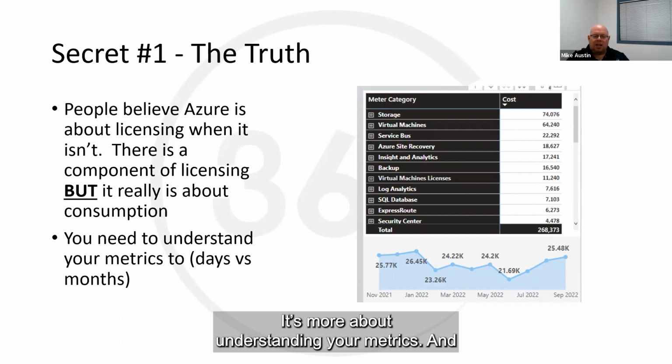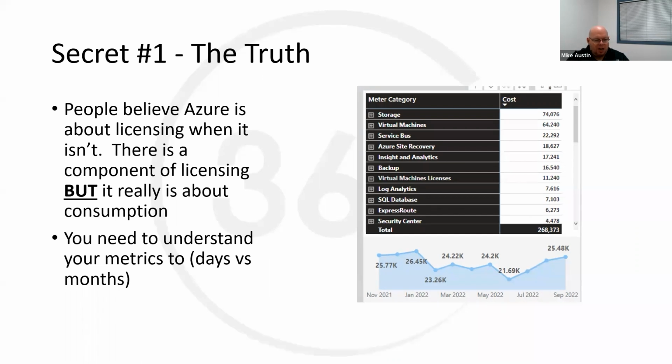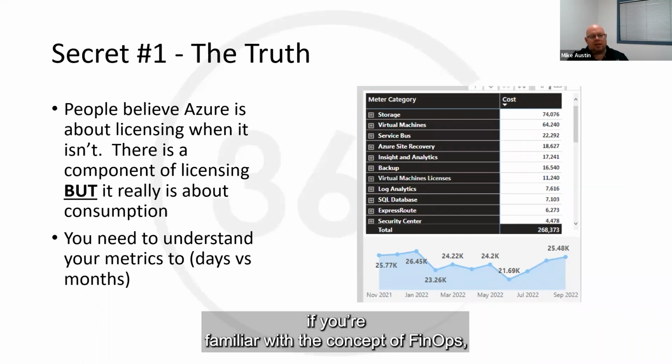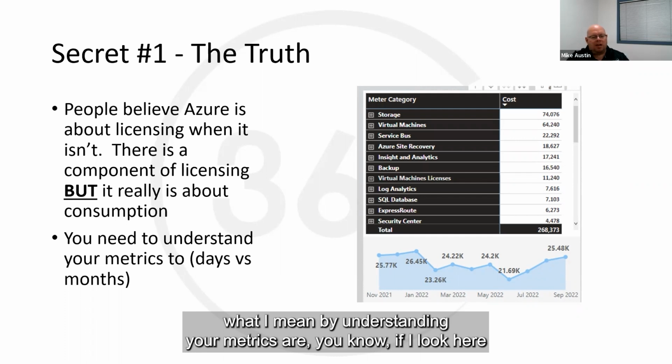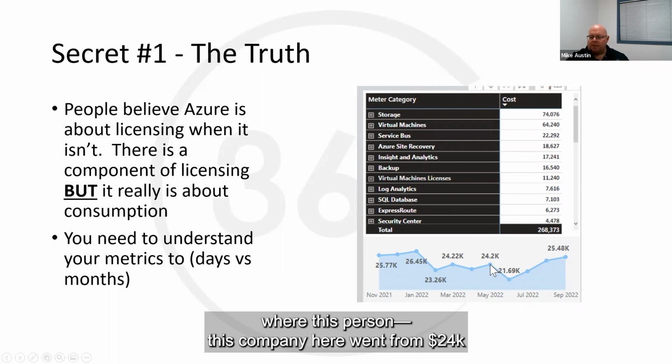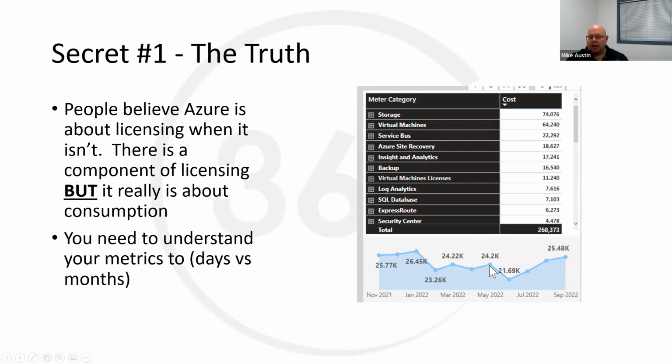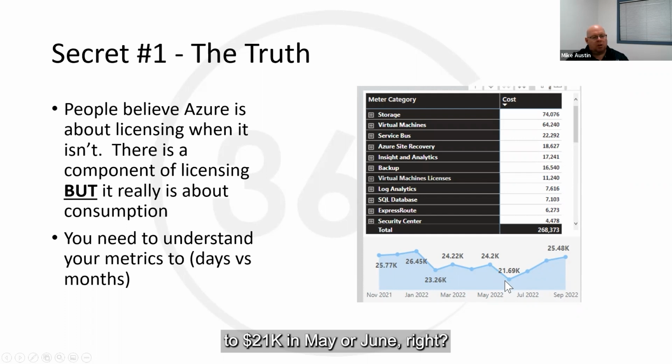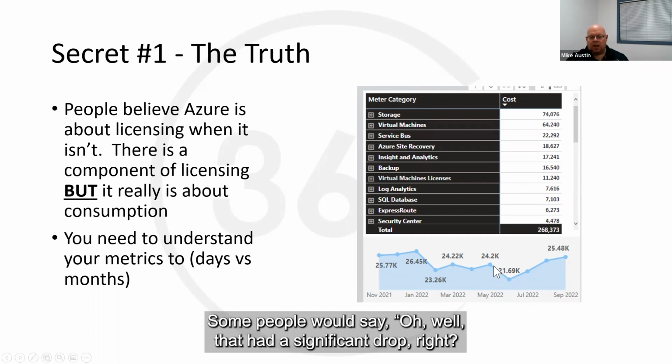It's more about understanding your metrics, and if you're familiar with the concept of FinOps, what I mean by understanding your metrics is, if I look here, where this company went from 24K to 21K in May or June, right? Some people would say, oh, well, they had a significant drop, right?